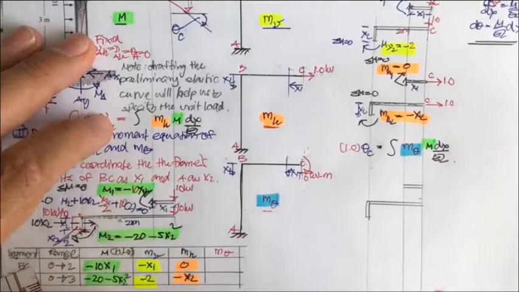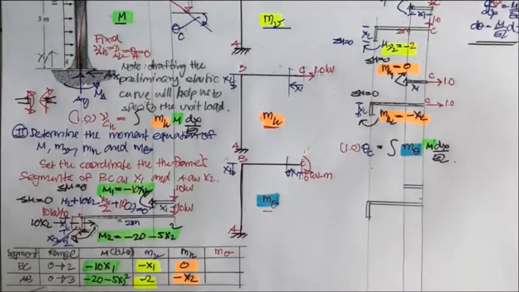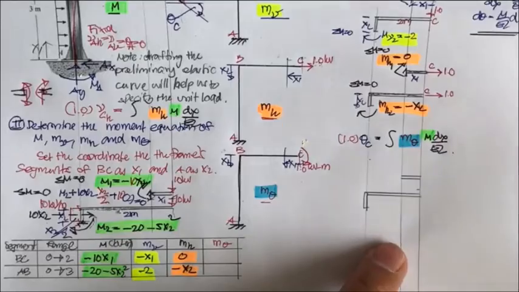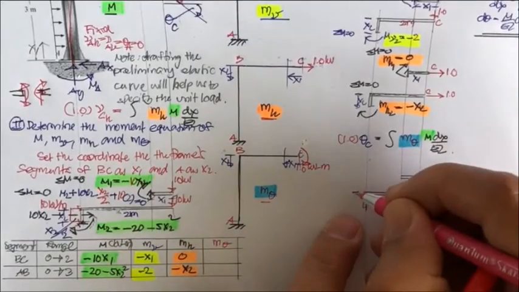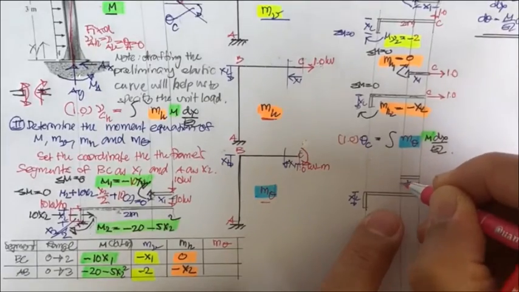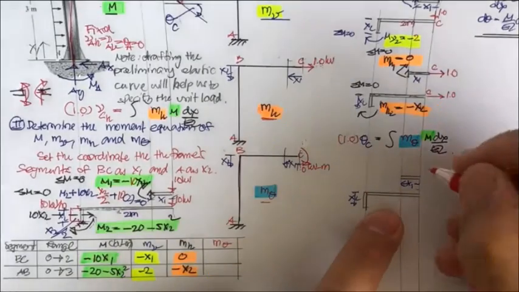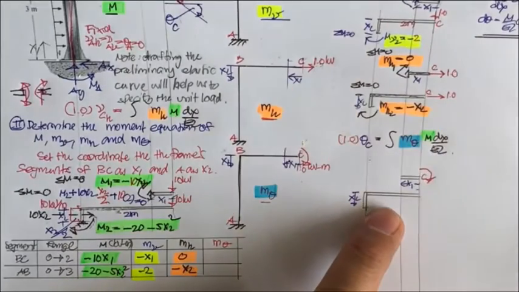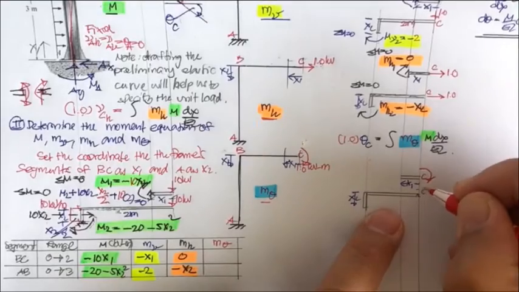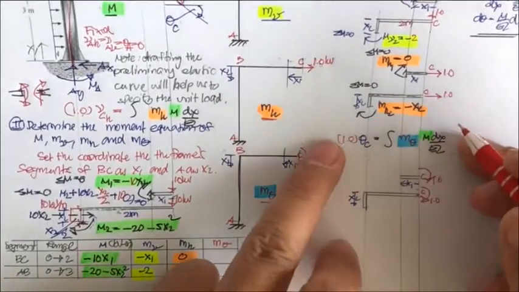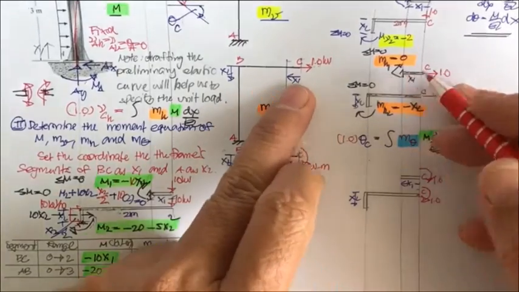Okay, that requires a lot of consideration, right? You did a lot of practice in the past in statics, so you can do so. And next one, this is gonna be the x2 and this is gonna be the x1. Now the point C is subjected to this 1 kilonewton meter, and this one also 1 kilonewton meter. And again, you use the same sign convention.